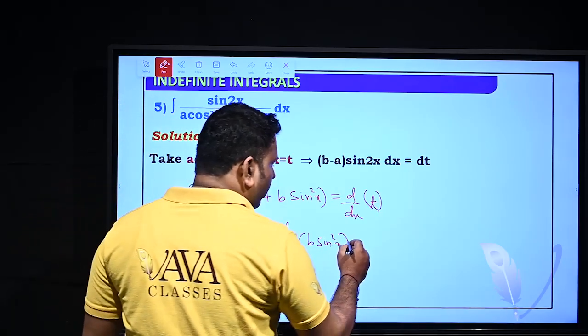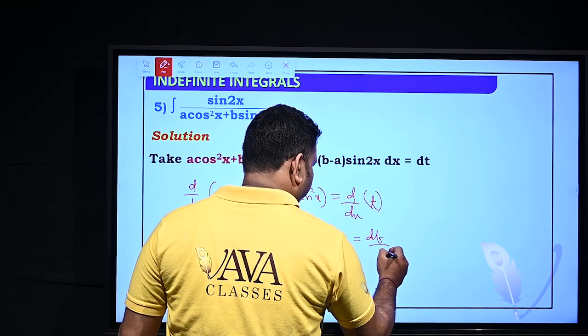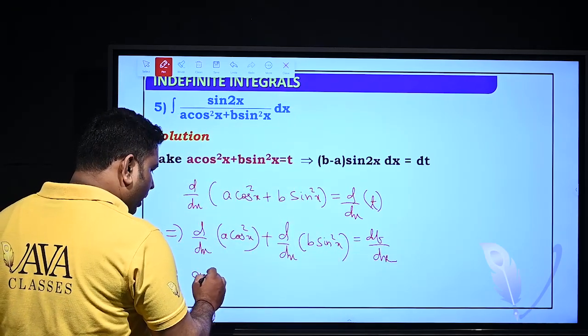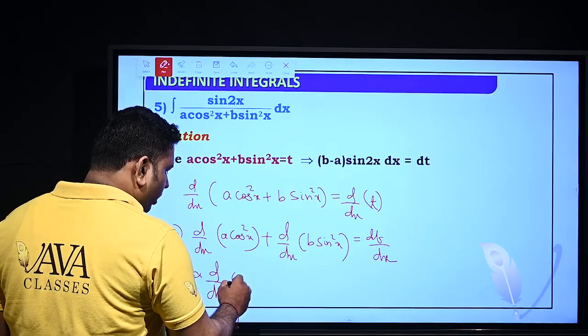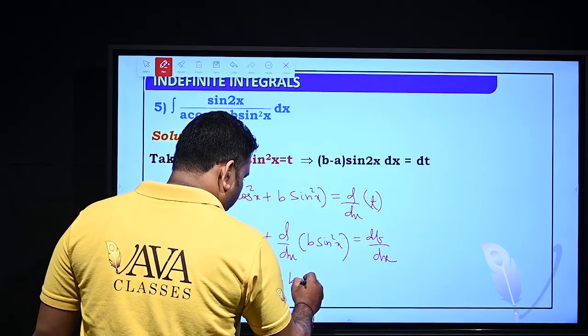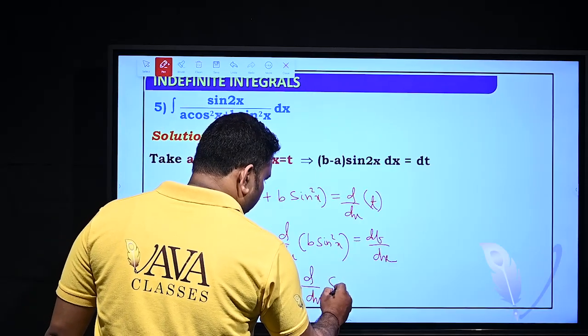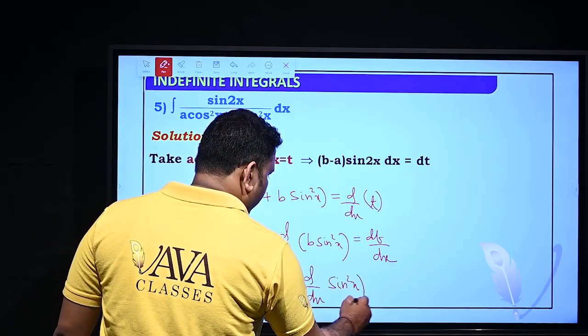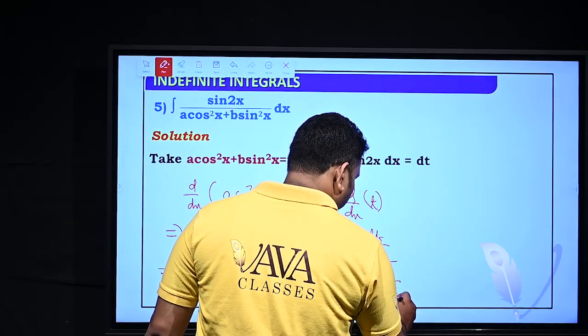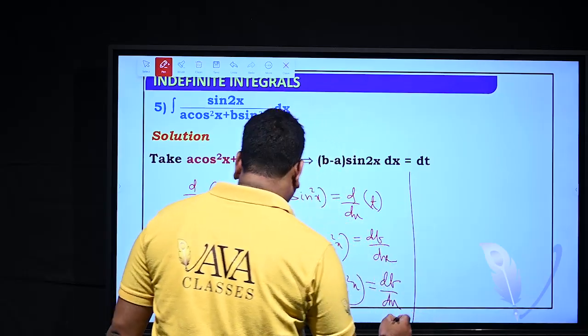This is equal to dt by dx. That implies a d by dx of cos square x plus b d by dx of sin square x equal to dt by dx.